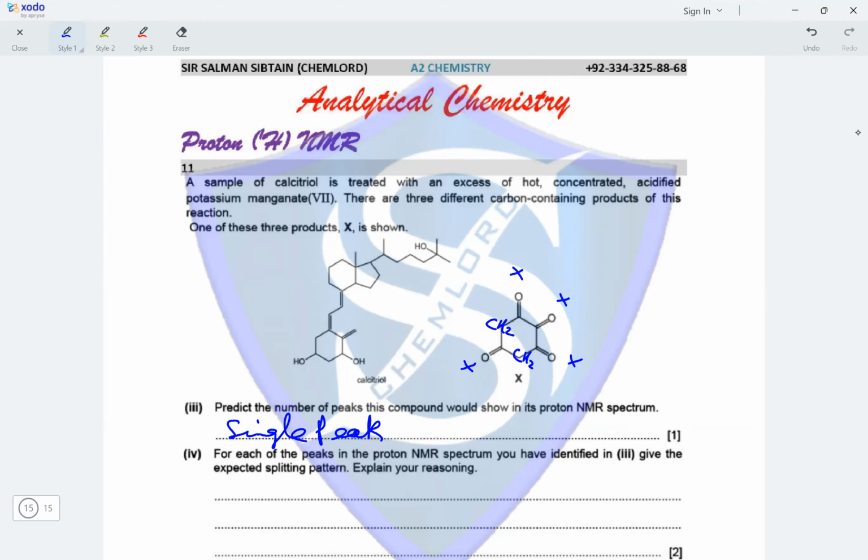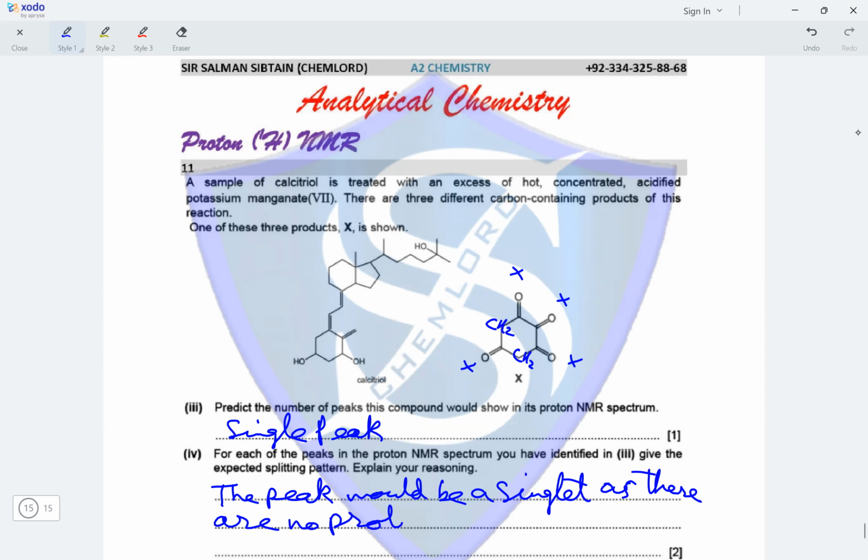For each of the peaks in the proton NMR spectrum you have identified, give the expected splitting pattern and explain your reasoning. So the peak would be a singlet as there are no protons present in the adjacent chemical environments.